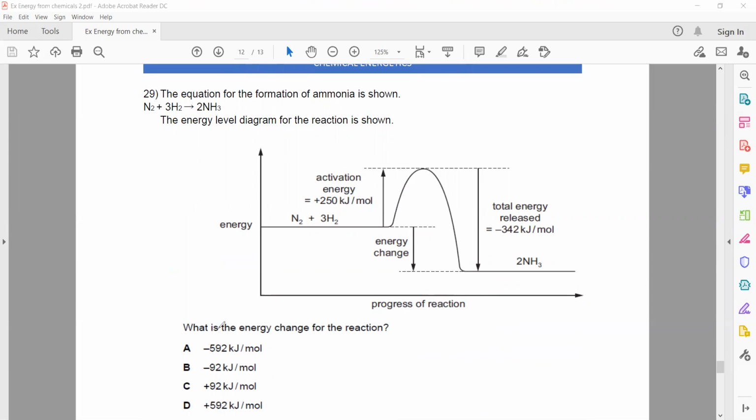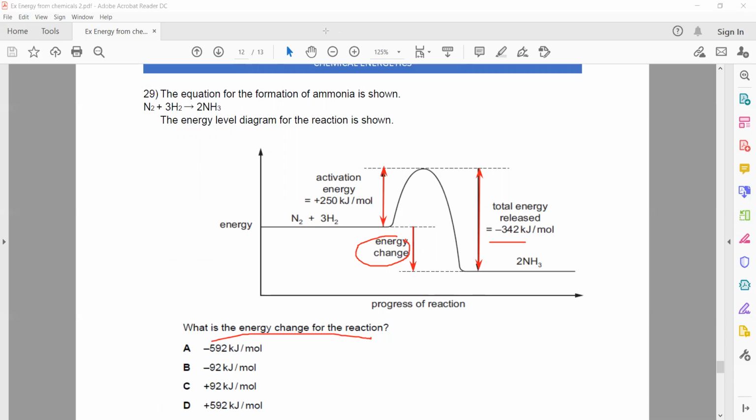Basically, what is the energy change? You need this part. If this total energy is minus 342, and out of this 342, activation is 250, how much is the energy change, the difference?